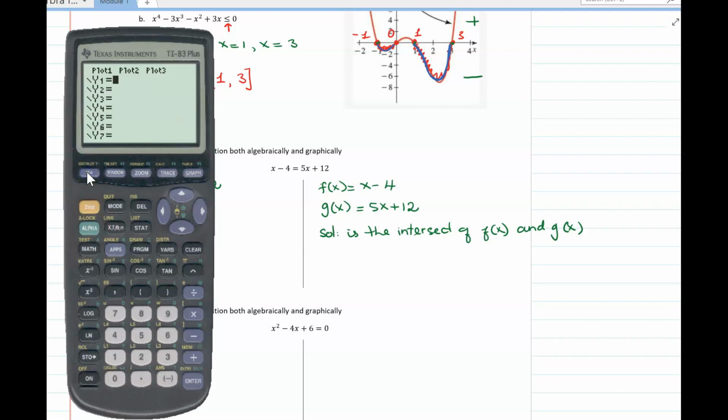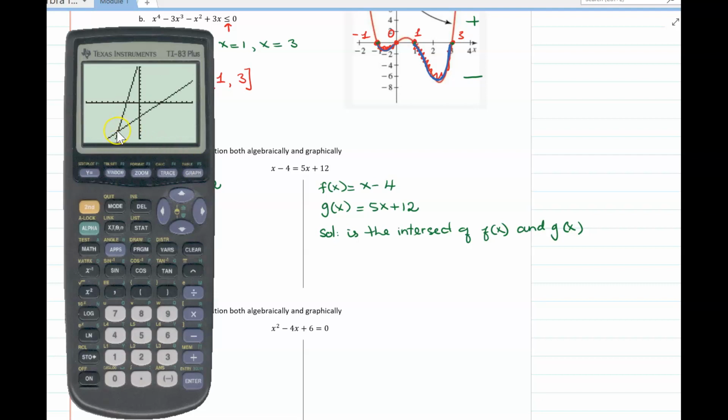Y equals x minus 4, and the other one is 5x plus 12, and we go ahead and click graph.